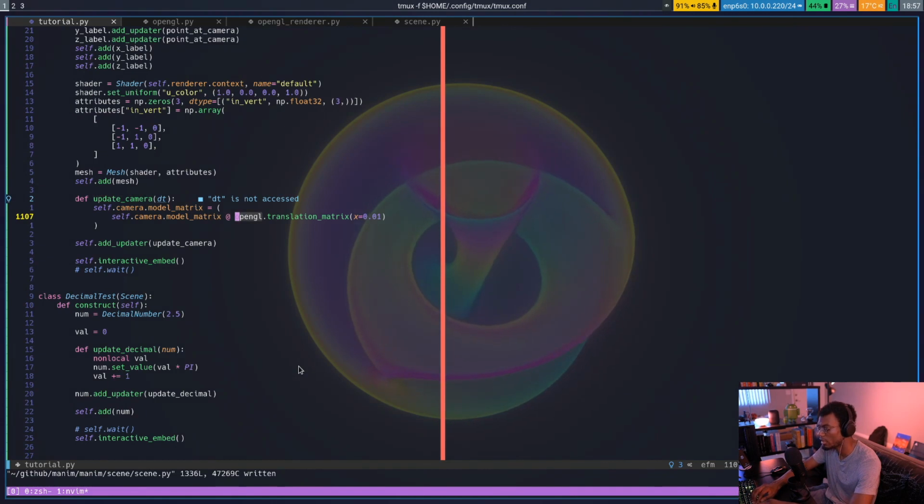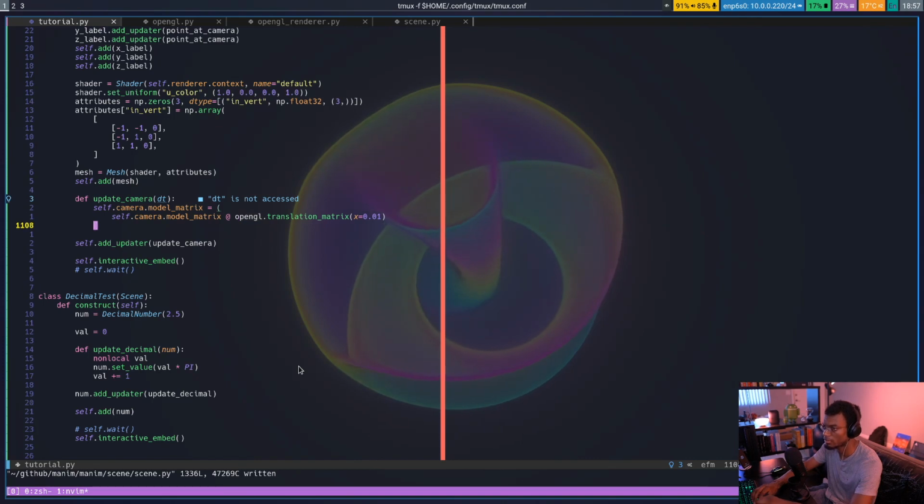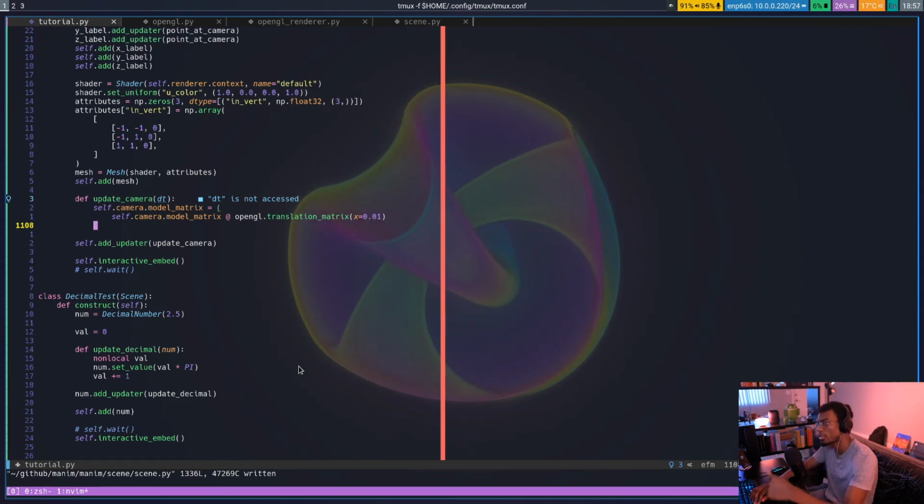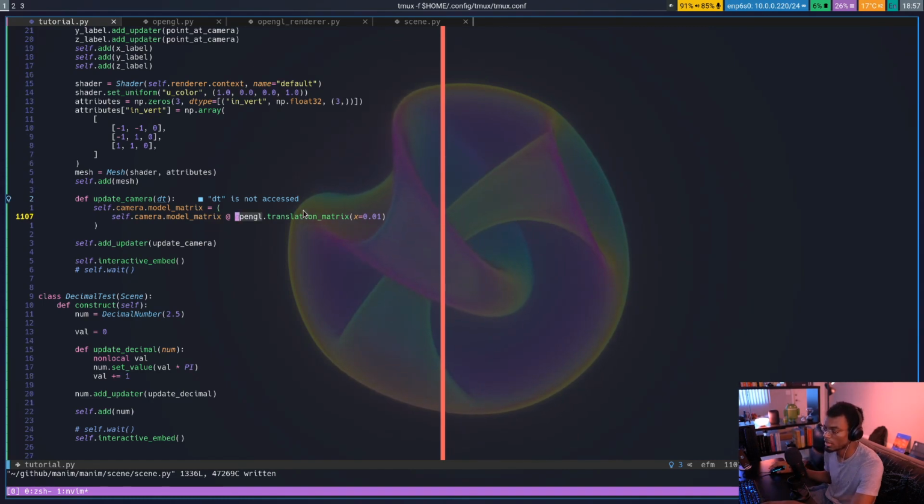I want to update its spherical coordinates to make it rotate around in a circle. So what I could do is move its position, then try to turn it so that it's looking at the origin again.